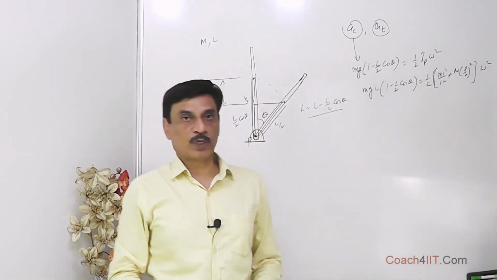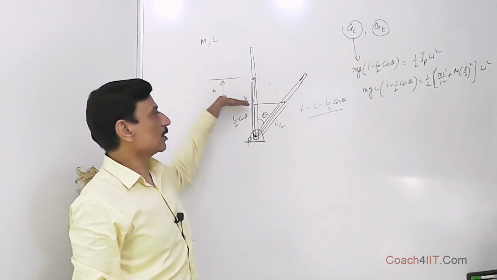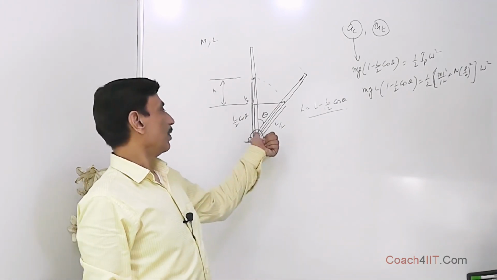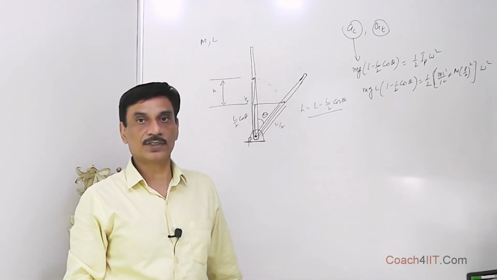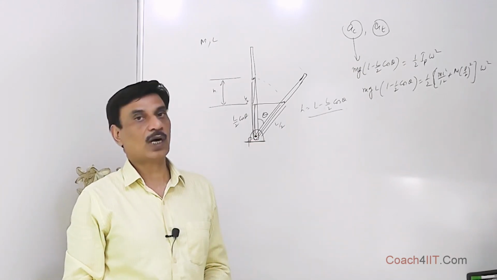That is the loss of potential energy of the center of mass, mgh, where H is the distance through which the center of mass has fallen. It goes into half I omega square, the rotational kinetic energy of this rod rotating about point P.